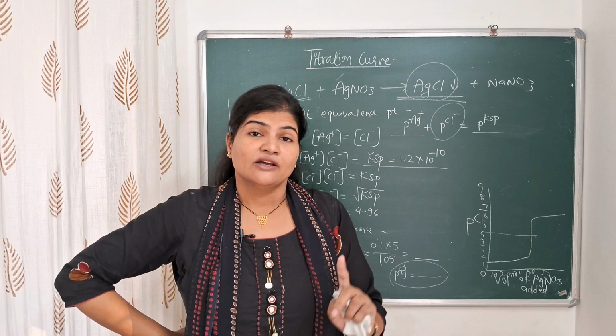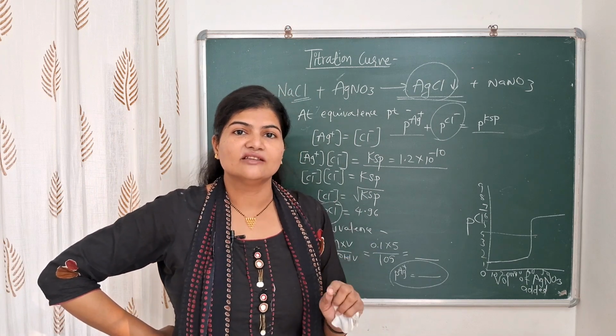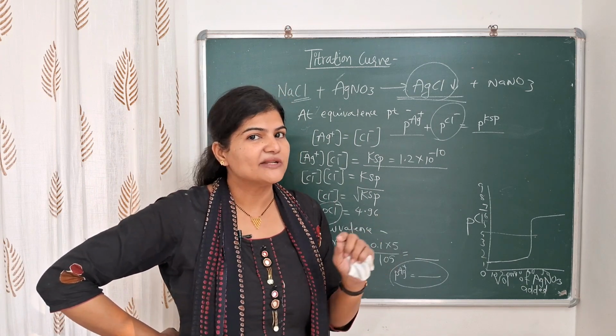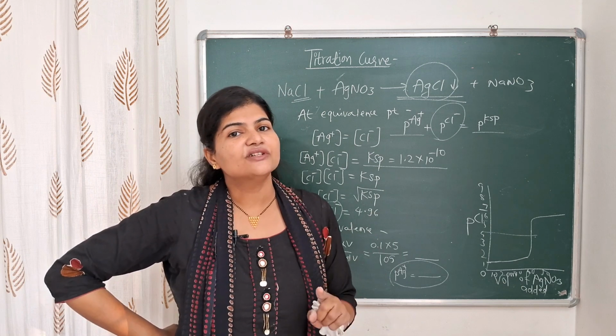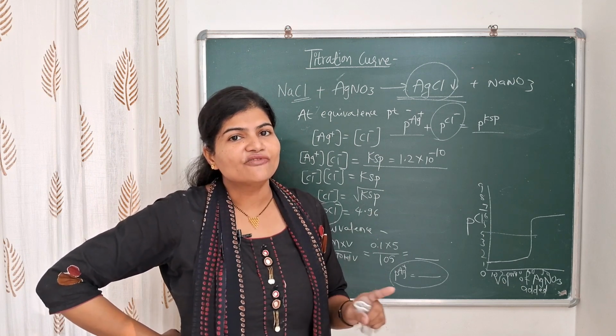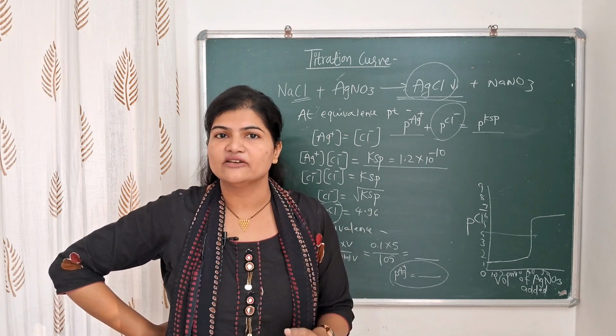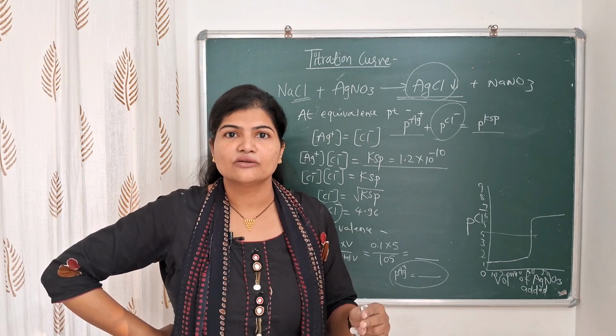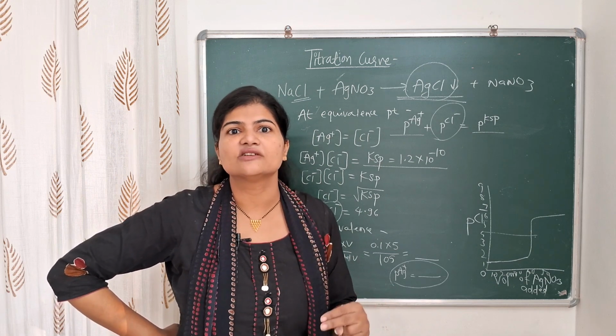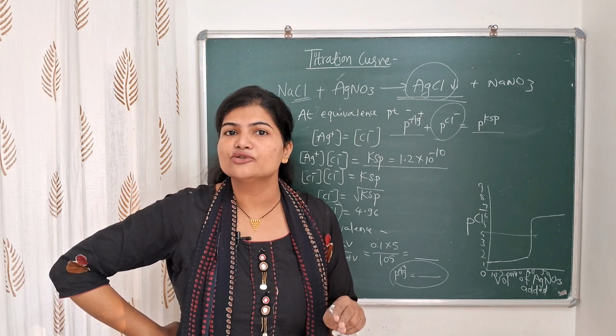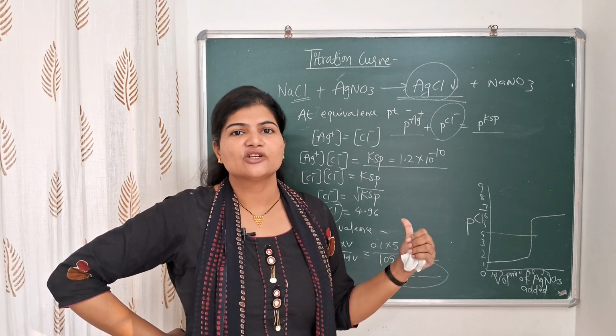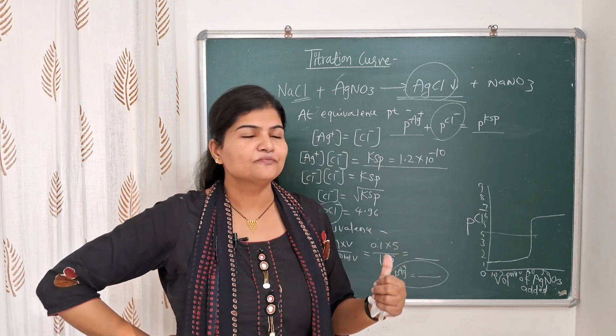But wait, we have to consider a few things before we start with the precipitation titration. The first thing, the concentration of reagent and your titrant has to be more, means the solutions have to be concentrated. Don't go for dilute solutions, otherwise the precipitation won't be completed.